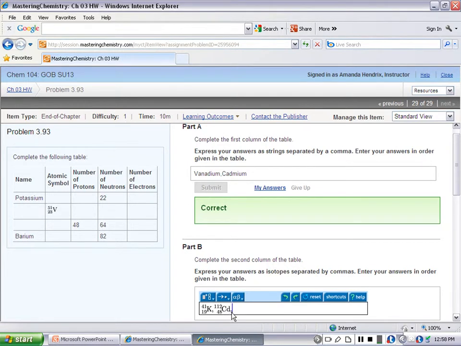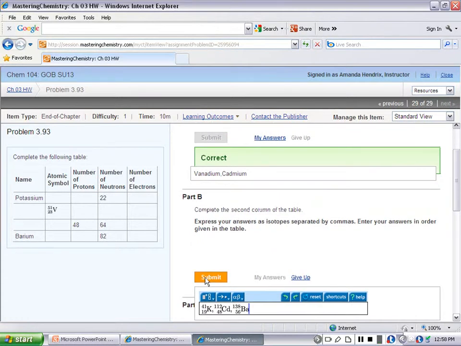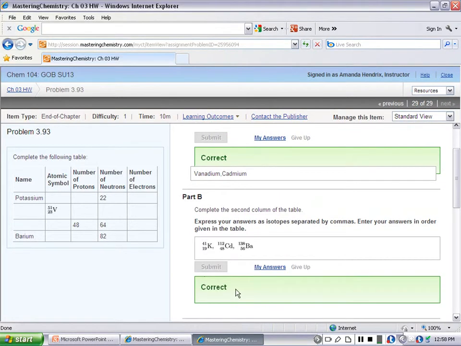Then for our barium, for our atomic symbol, we go back here, we click, get our superscript and subscript, and we have 138, 56, and our element symbol for barium. This should give you the correct answer and shows you how to plug this into Mastering.